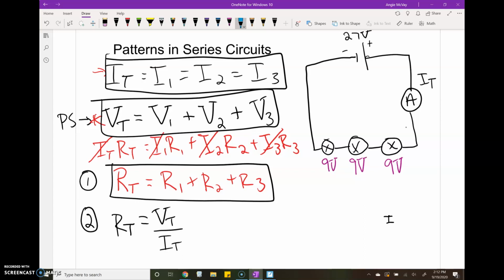Okay, and then you've got your current, the total current, IT, going this way, right?